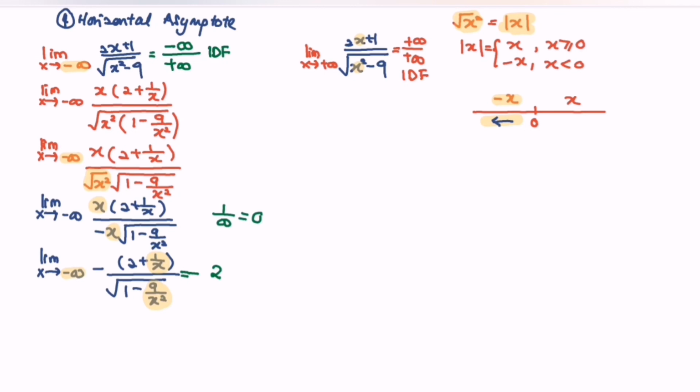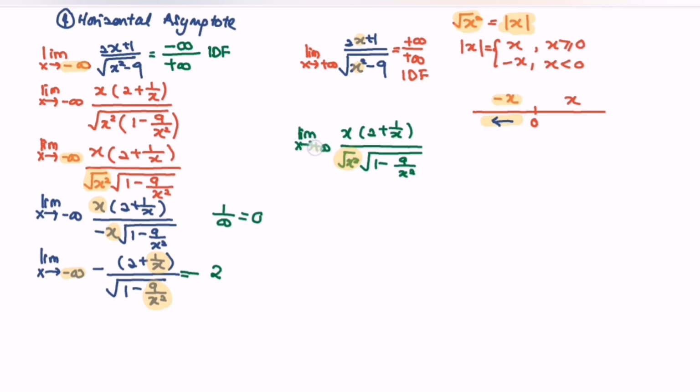So now, limit when x approaching positive infinity, we will have x bracket 2 plus 1 over x over square root of x squared, square root of 1 minus 9 over x squared. For this case, what is the definition of square root of x squared?